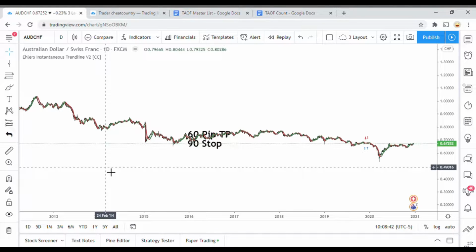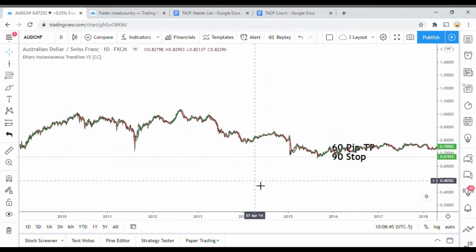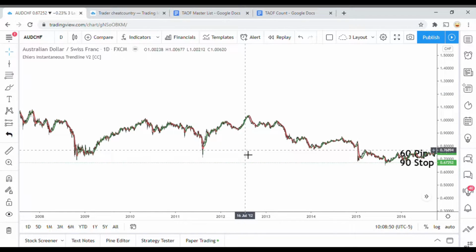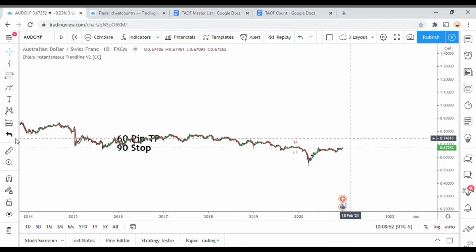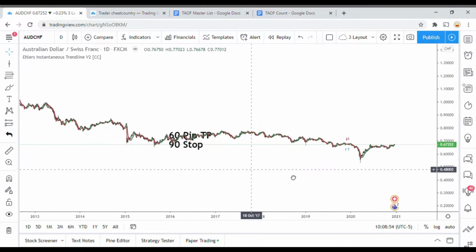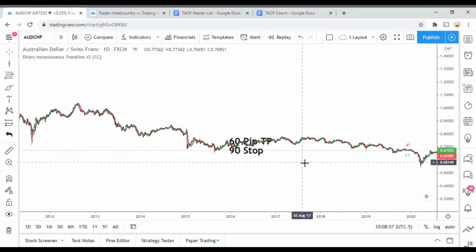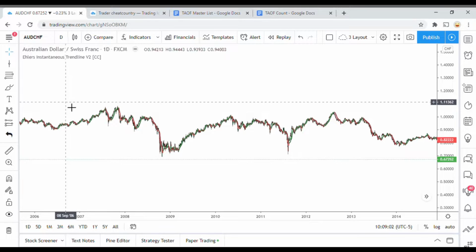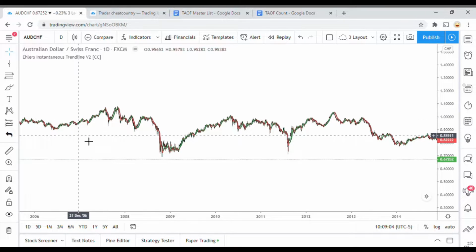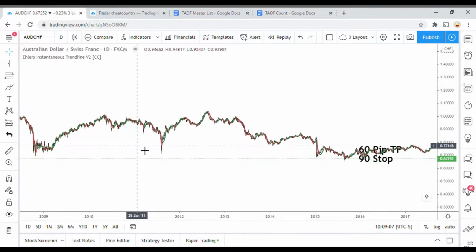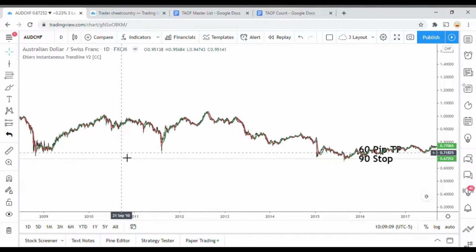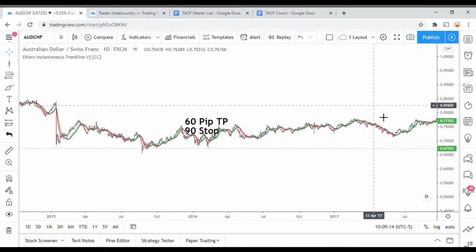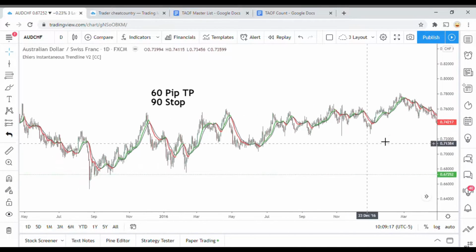And so the same is true for when you are mapping out support and resistance areas. You'll find that the most current support and resistance areas are the most valid. And as you go back farther and farther, areas of support and resistance tend to become invalid. And so just keep that in mind when you are looking at back testing a strategy.